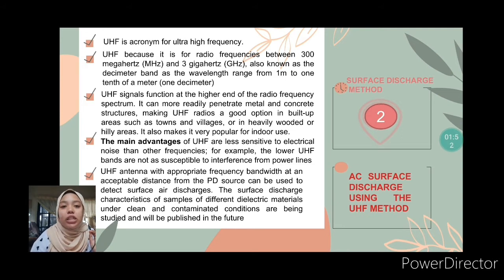The surface discharge characteristics of samples of different dielectric materials under clean and contaminated conditions are being studied and will be published in the future.